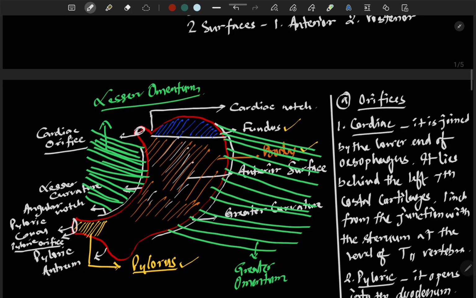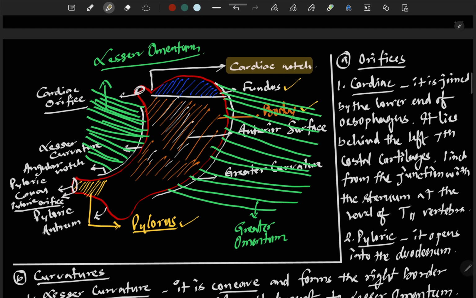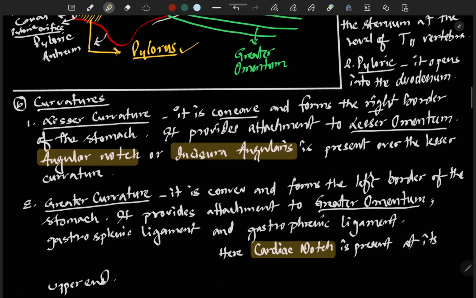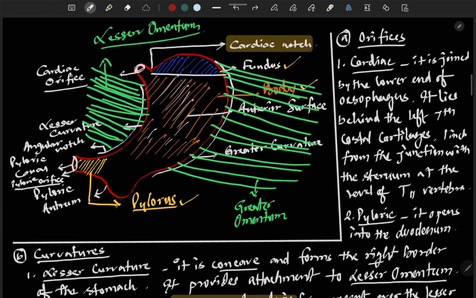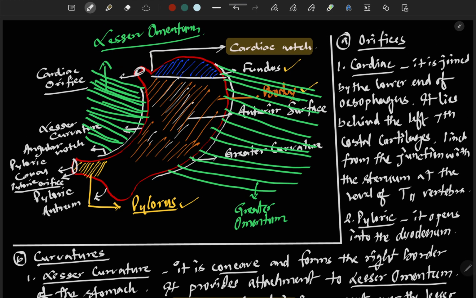Here is the cardiac notch, and it is in the greater curvature. The angular notch is present here. This is the angular notch, and this is the cardiac notch. The angular notch is present in the lesser curvature, and this is the cardiac notch present in the greater curvature. Okay.